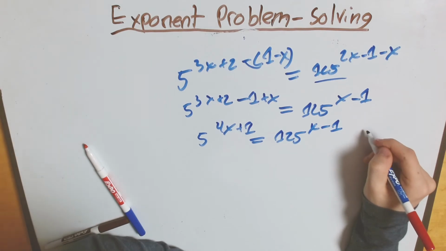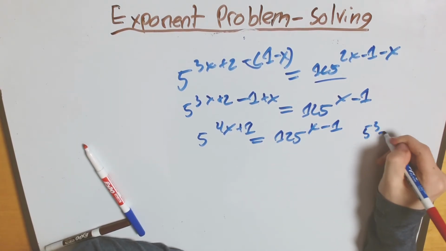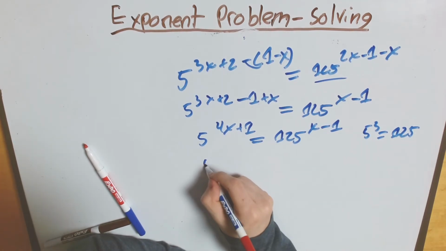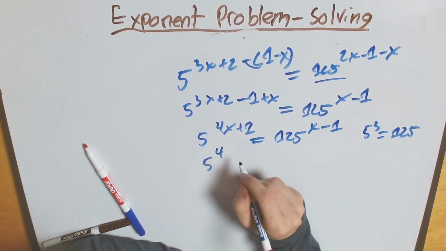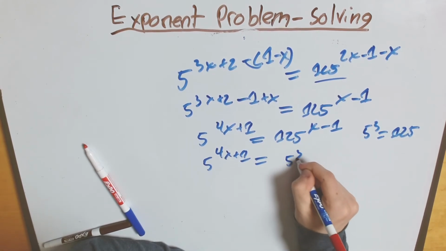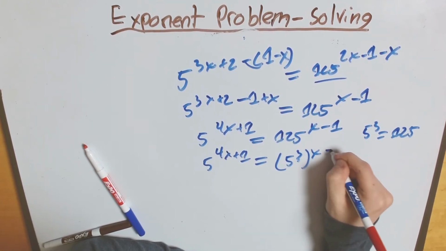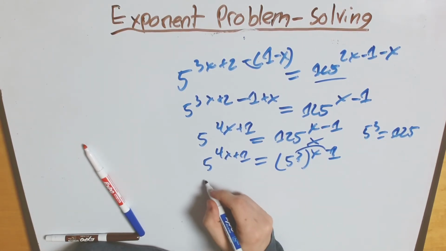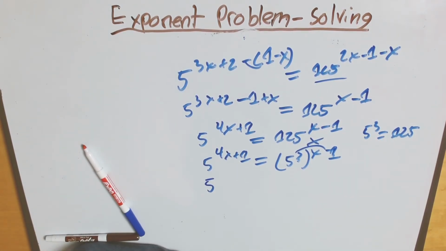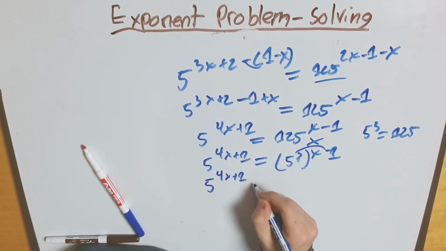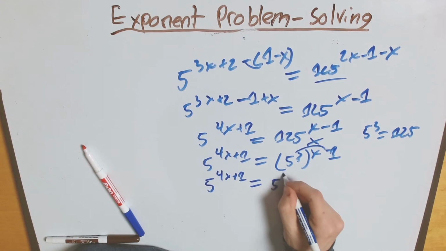I know 125 is 5 cubed. So I'm going to substitute 5 cubed in for 125. So I have 5 to the 4x plus 1 equals 5 cubed to the x minus 1. I'm going to do the product rule to multiply those two exponents out. So I have 5 to the 4x plus 1 equals 5 to the 3x minus 3.